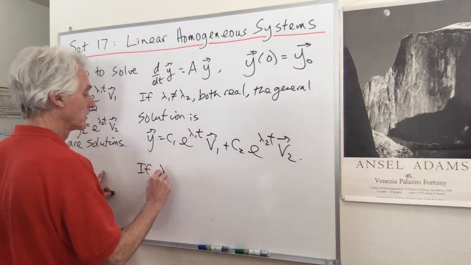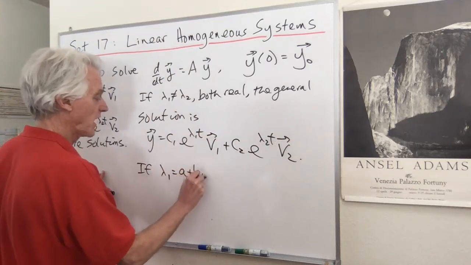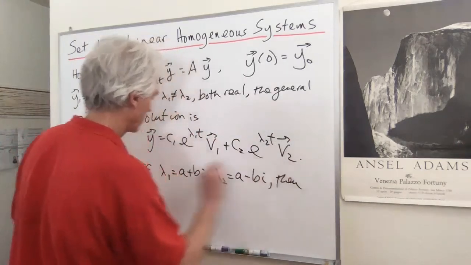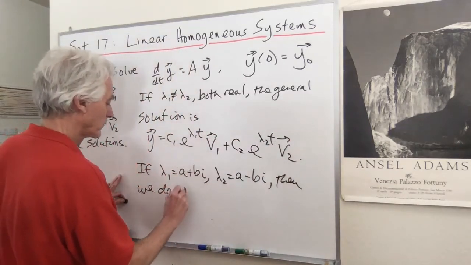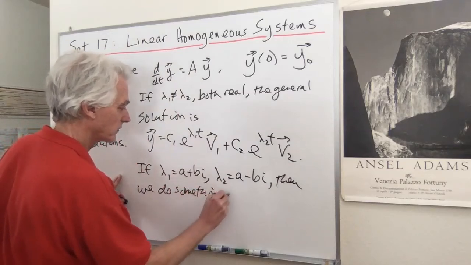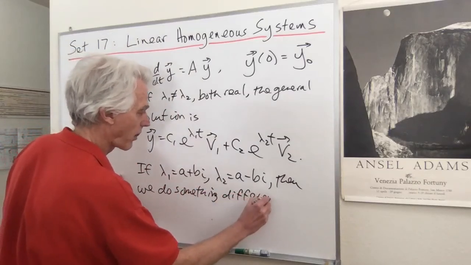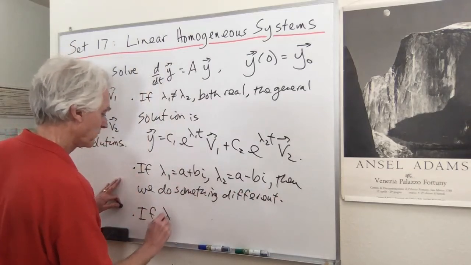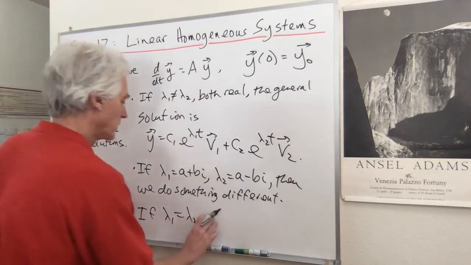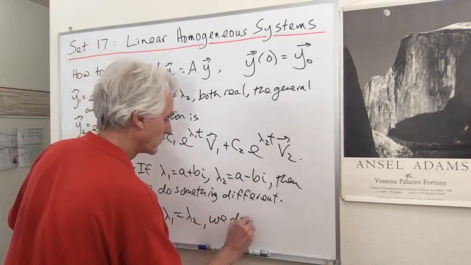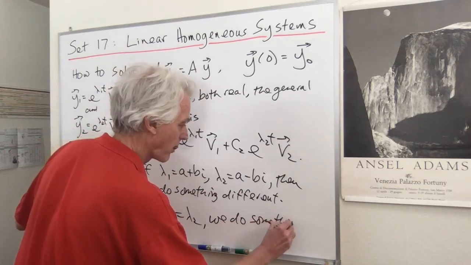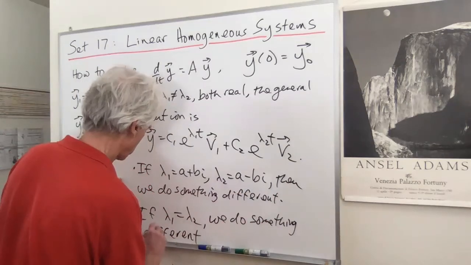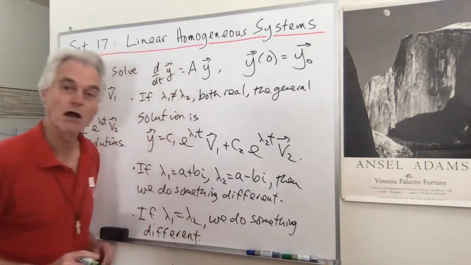If lambda 1 equals a plus bi and lambda 2 equals a minus bi, then we do something different. And if lambda 1 equals lambda 2, we do something different.